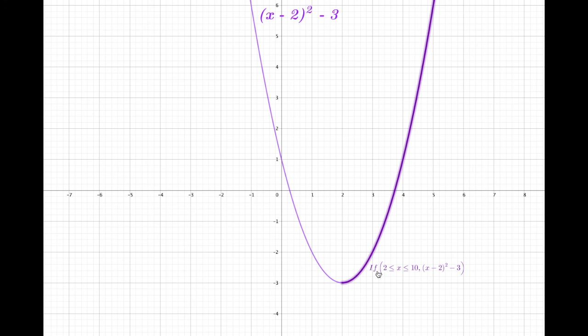But anyway, the point is, we're saying put in this function, which is the same as the original one, of course, and we can sort of see it is because it's right on top of it, but only for x between 2 and 10 inclusive. Inclusive meaning it includes the end values. So we can't see the other end, the 10, because we're not going up that high. But if we get rid of the original full curve, we can see that if we restrict the domain like that, then we do indeed get an increasing function.